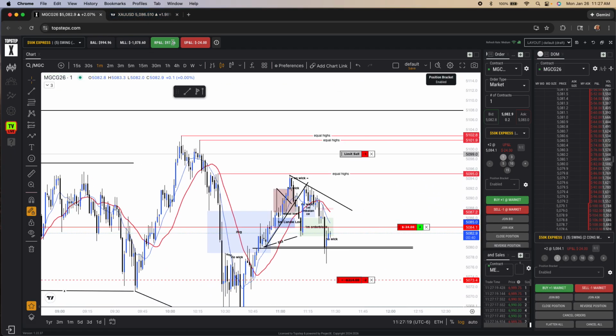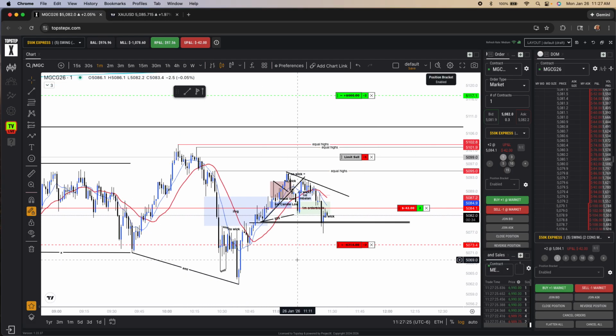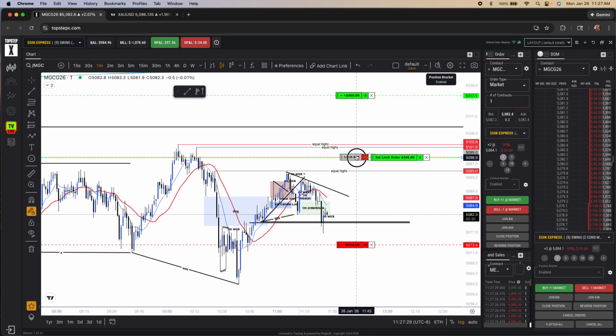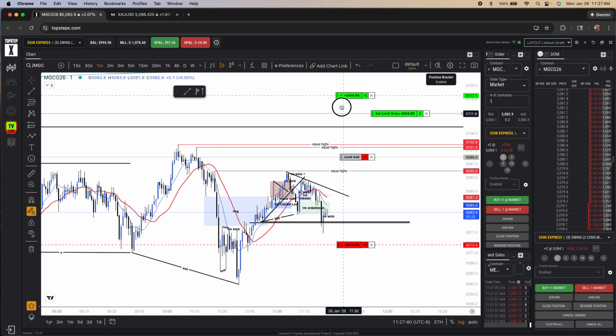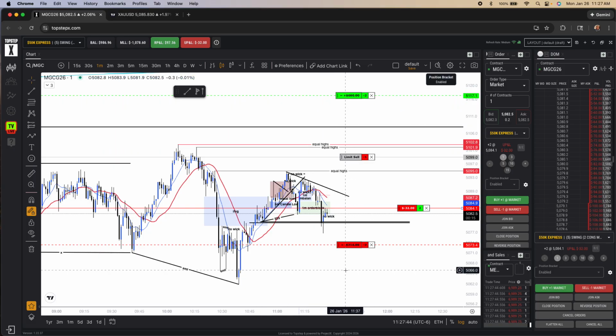And the reason is I'm already $98 in profit. This has not taken a loss yet. So if I do win this, that'll give me around another 150, which will put me up around 240. Then I'll set my stop loss to break even, and then I'll let the rest ride up here.